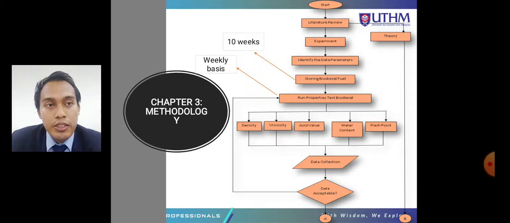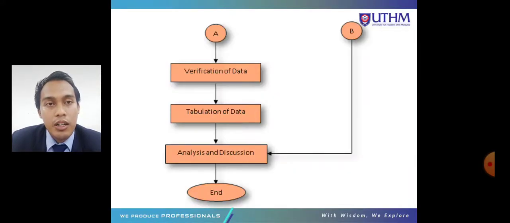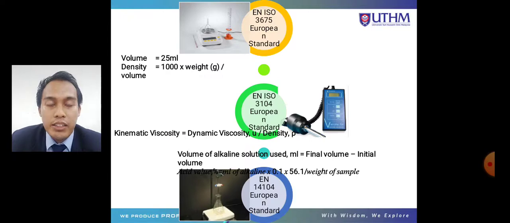For methodology, initially this research should have been done as an experiment, but due to COVID-19, I changed the methodology of this research from experimental to studying previous journals.